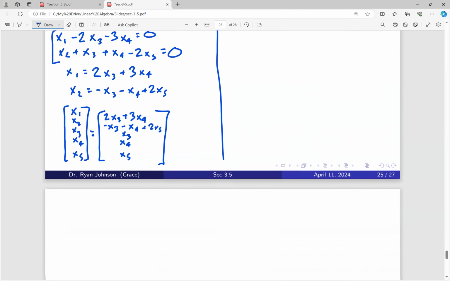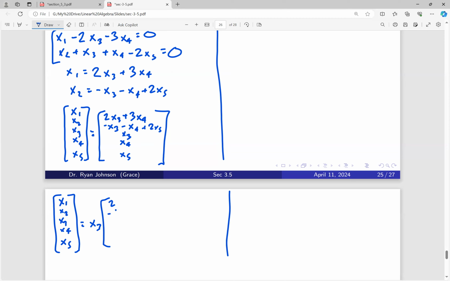Okay, I'm going to go down here and say, then my generic vector, x1, x2, x3, x4, x5, I can separate all the x3s, x4s, and x5s out. x3 times, where are my x3s?